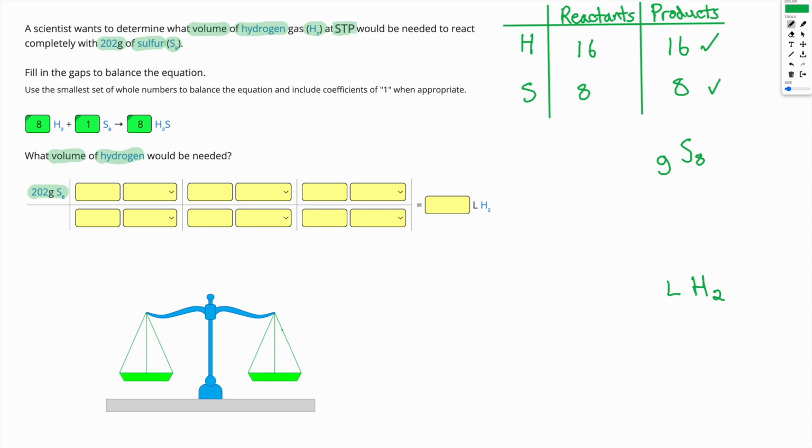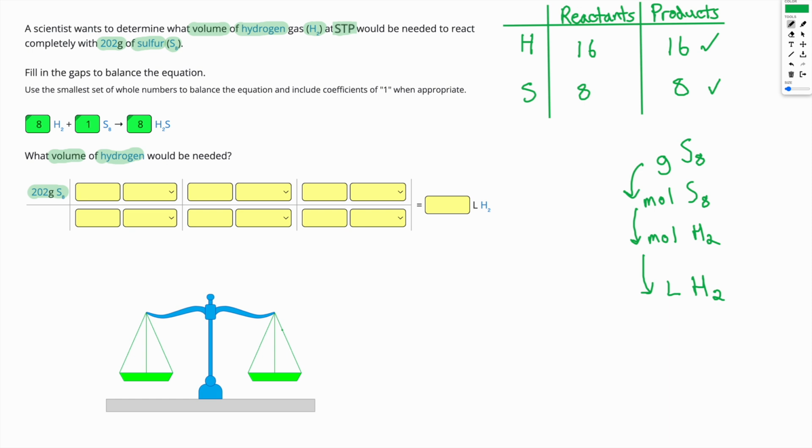We're going to need to get them to moles of S8 because remember our equation gives us the mole conversion between any two things. So we're going to first need to convert grams to moles of S8. Then we're going to need to convert moles of S8 to moles of H2. And then finally, we're going to need to convert moles of H2 into liters of H2 gas. So we've got 3 conversion steps in there.